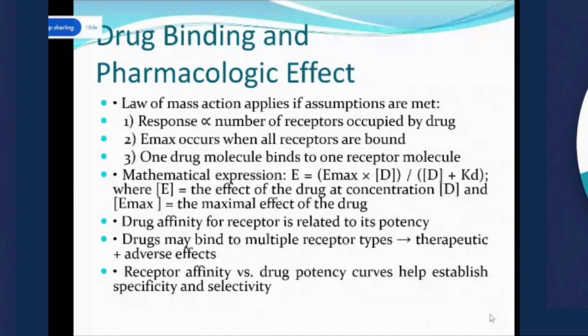So in this case, I would ask, if we increase the dose of a drug, what happens to the Emax? What happens to Emax when you increase the dose of the drug?